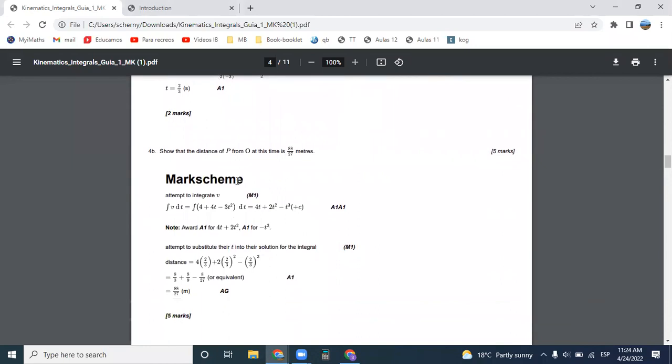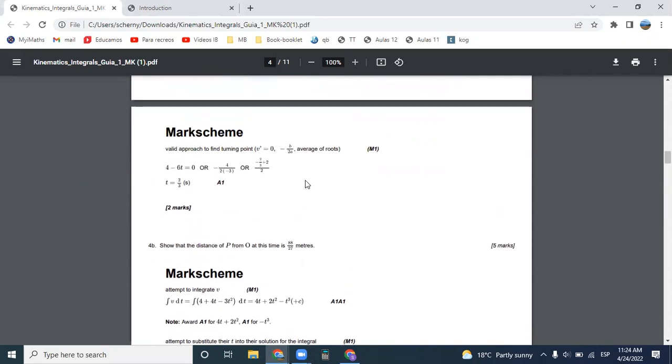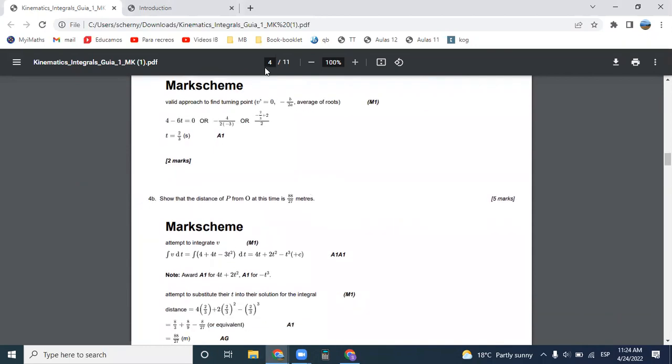Great, so 4b says, show that the distance of P from O at this time is 88 over 27 meters. Okay, so now what we need to understand is that distance here is not the total distance traveled. Let's say here is the x-axis, here's the origin, and the particle started here, then it doesn't matter how the movement of the particle was, okay?